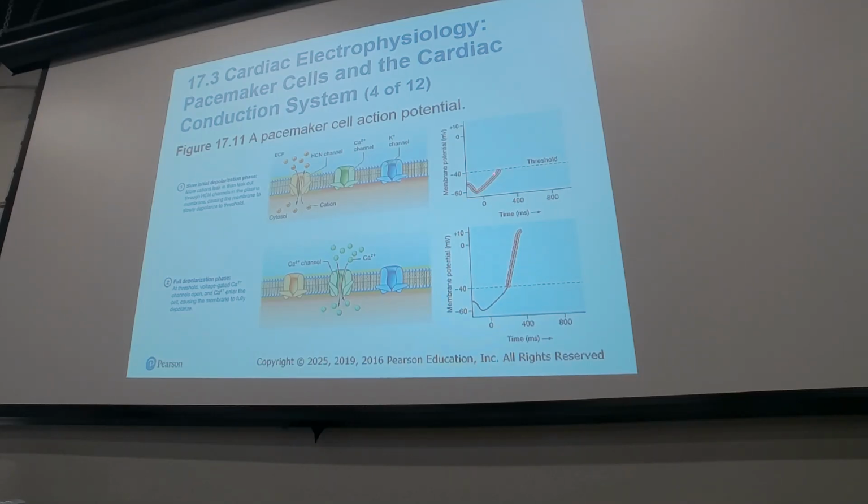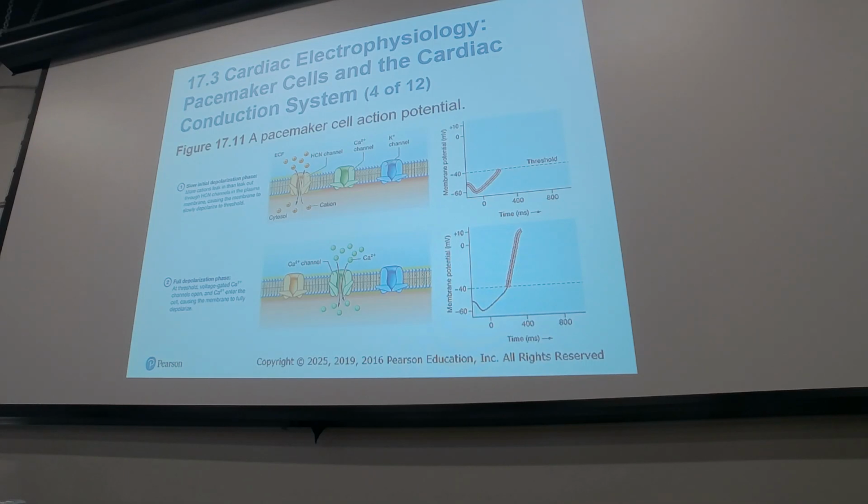And then slowly through these non-specific, open, leaky channels, you have ions coming in and out, more positive coming in than out. That leads to accumulation of positive ions and slow depolarization from minus 60 to minus 40, reaching the threshold. Remember, in electrical physiology, once you reach the threshold, you are in the all-or-none rule. Basically, you create an action potential no matter what, okay?